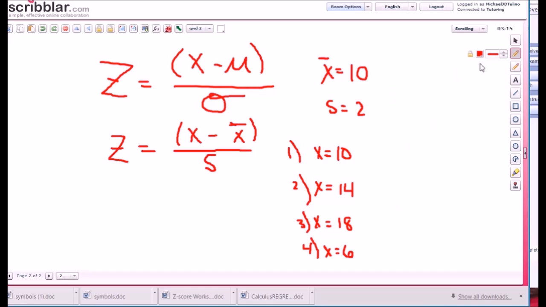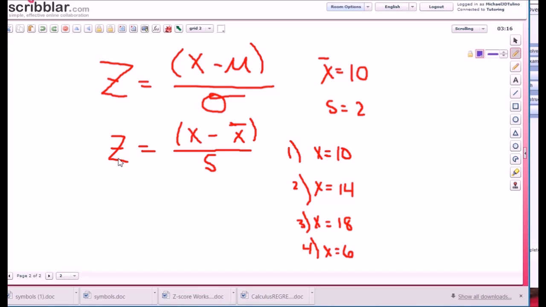All right, so let's quickly do this. We're just going to plug those into that formula and simplify. Now again, if you have a couple of these values, you can always work backwards to get to whatever variable you're trying to find. Say you had the x value, x bar, and standard deviation, you can get the z value.